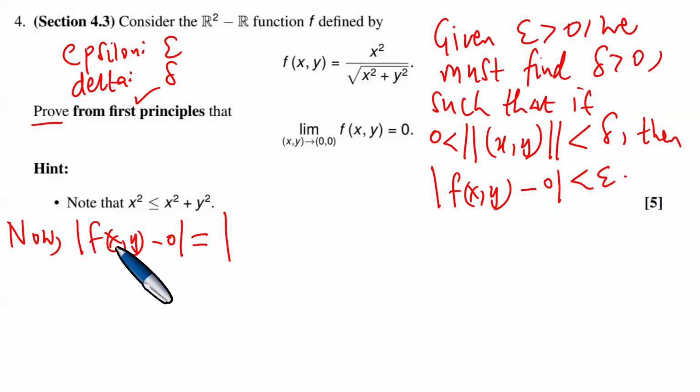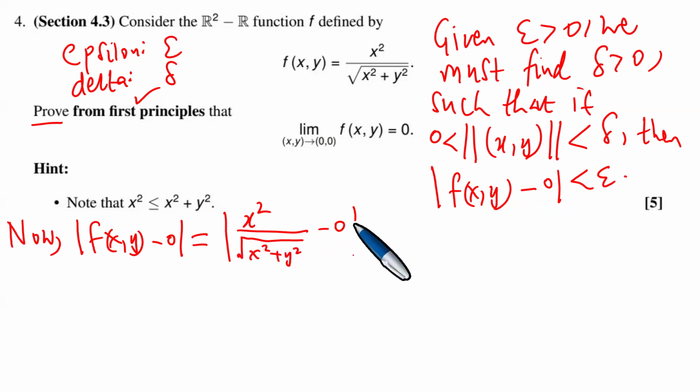And then we substitute the function, which is this one, minus 0. This is what we get.